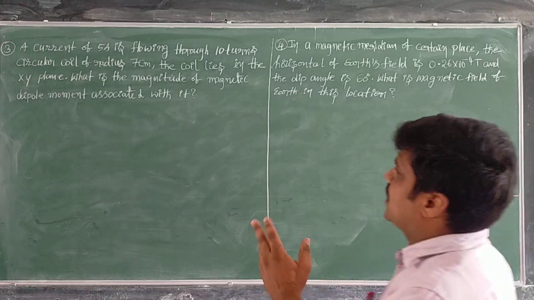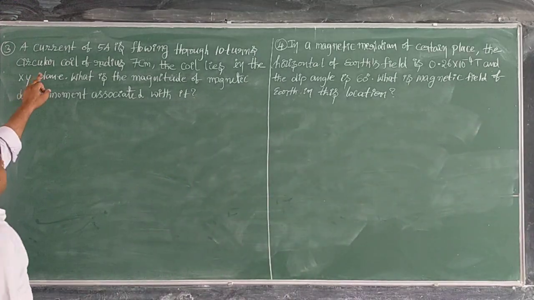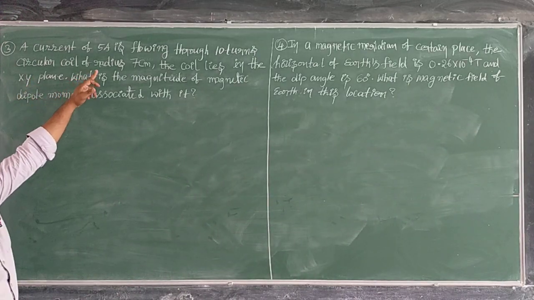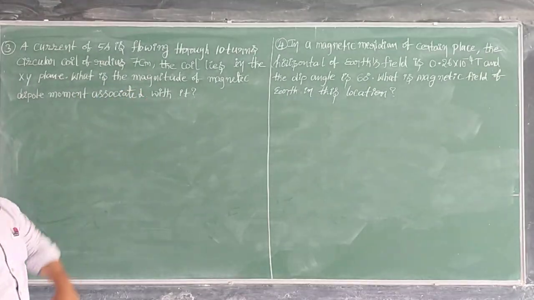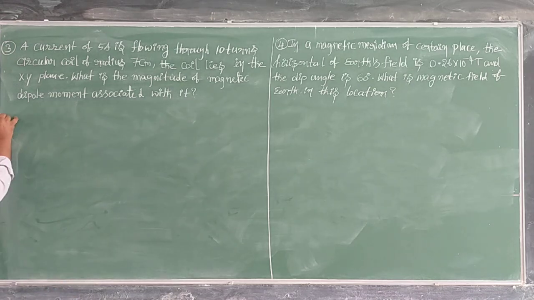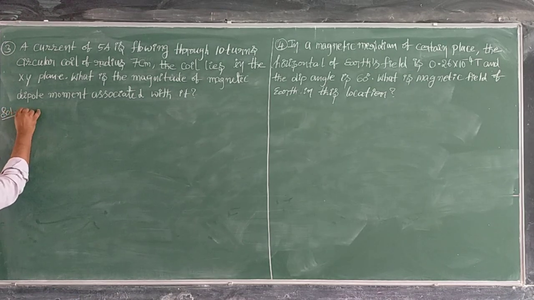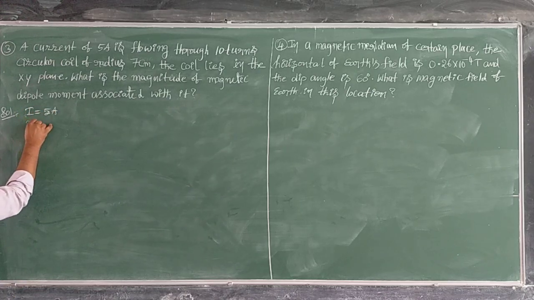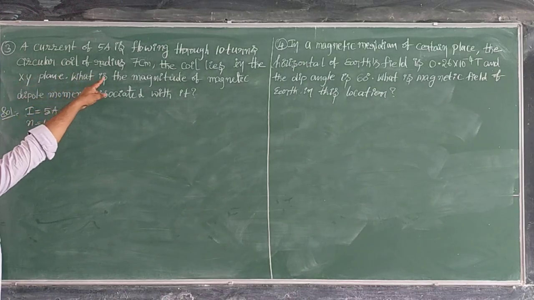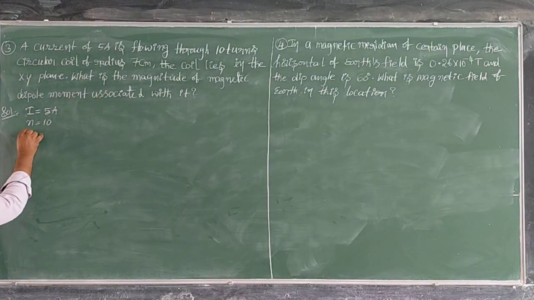Next, the third problem. A current of 5 ampere is flowing through 10 turns of a circular coil of radius 7 centimeters.